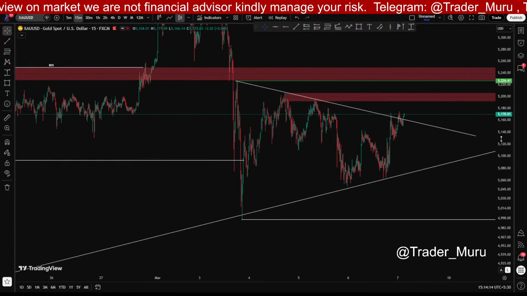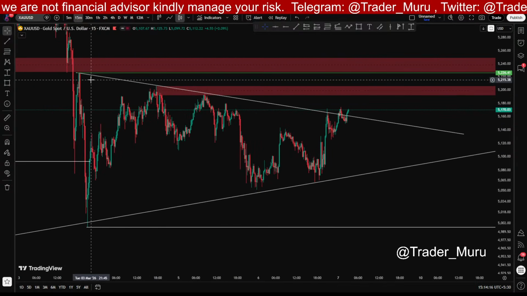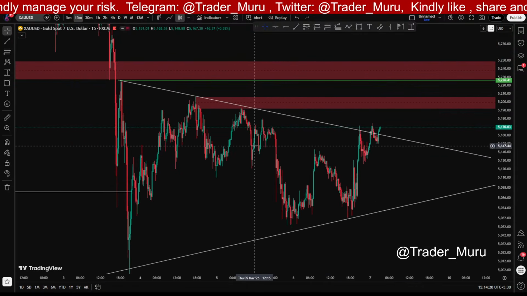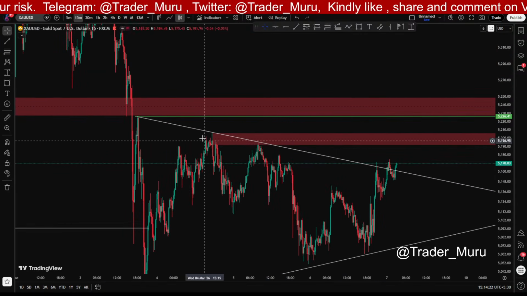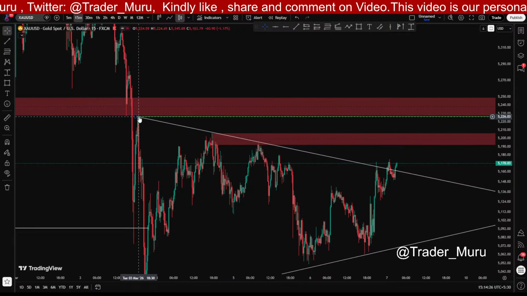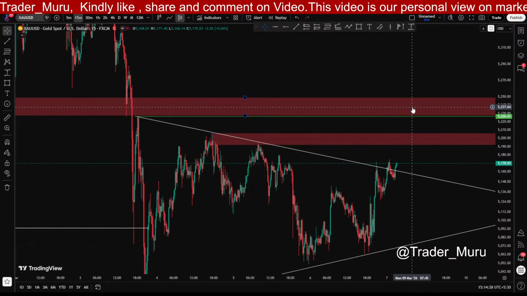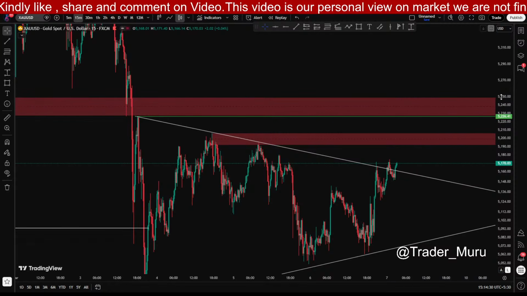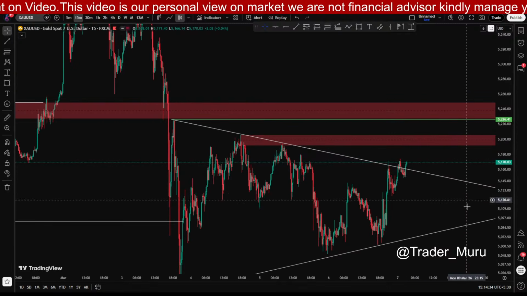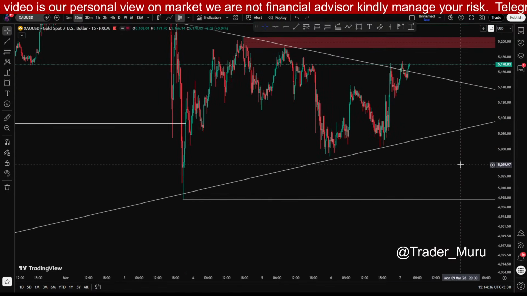Most of the time whenever NFP hits, it creates liquidity, then sweeps it and drops. The current liquidity is still pending above both this high and this one. Once it gets flipped, we can go for buy, and if we get a sweep here and again a rejection, then it is good for short.